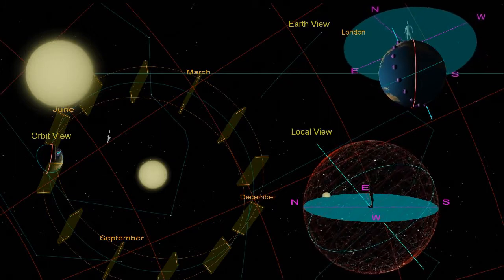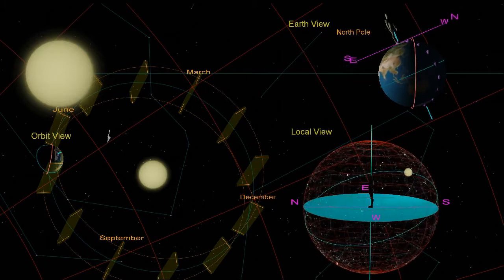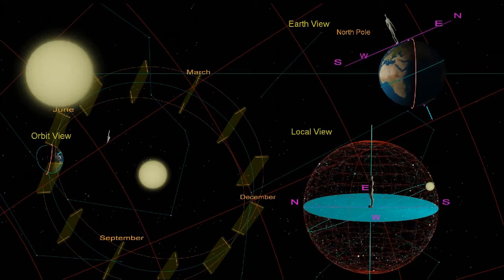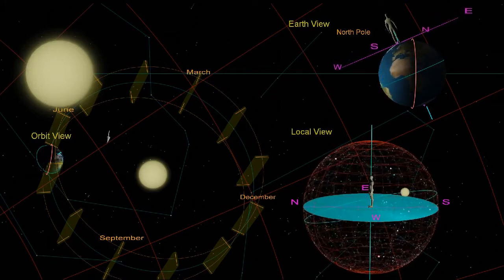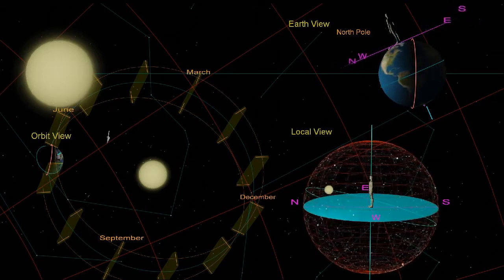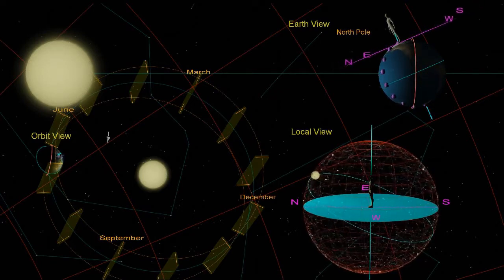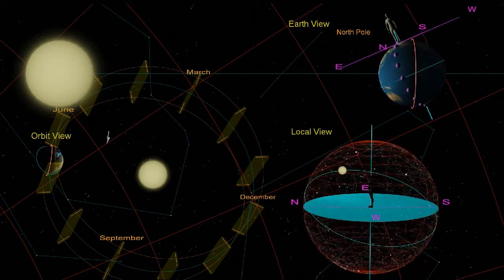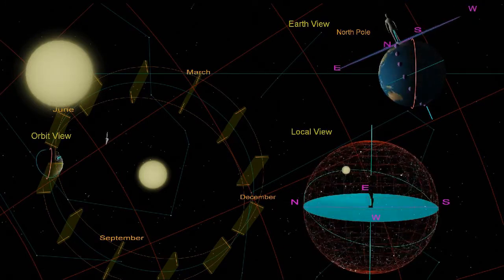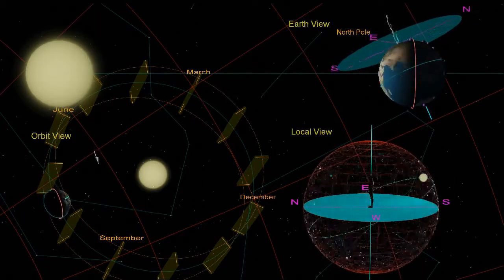Let's now look at the North Pole. At the North Pole, it's 24 hours light in a day. The sun appears to be taking an almost horizontal path around the sky during the day. For the sun to start setting, we need to move towards an equinox.